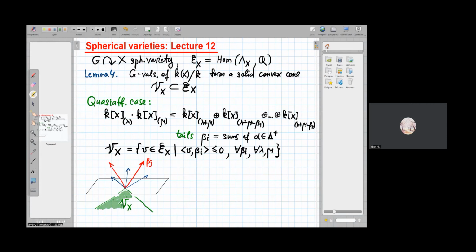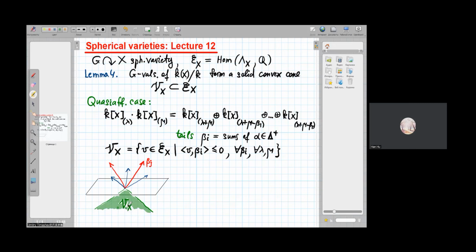Actually, this cone sits in the vector space dual to the weight lattice of X, which is a sublattice in the character lattice of the maximal torus. But again, we can identify.